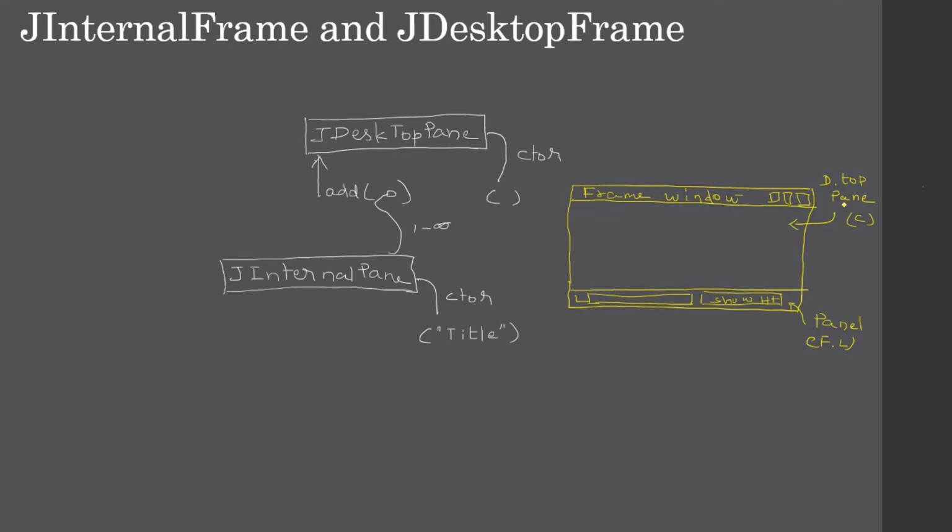So if you see here, we have two components or containers. One is the panel, which we will add towards the south portion of this frame window, and another one is the desktop pane, which we will add in the center portion of the frame window.